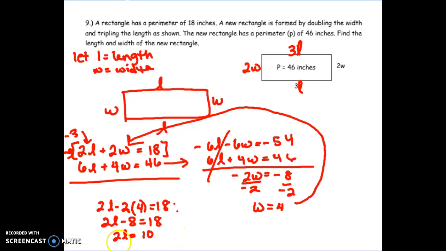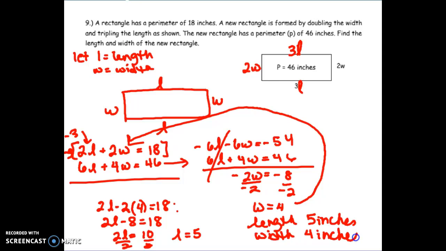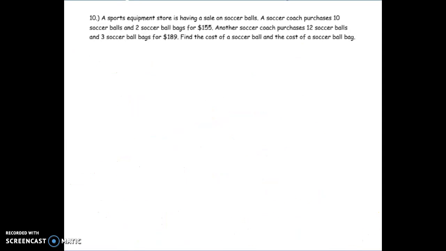So my length, when I divide by 2, is 5. Okay, so it says find the length and width of the new rectangle. So my length is 5 inches and my width is 4 inches. Okay, there's my answer.